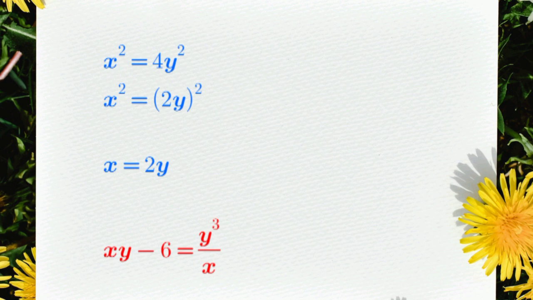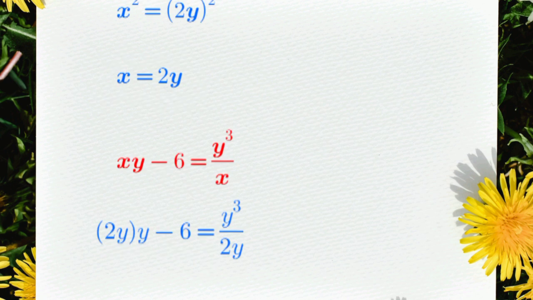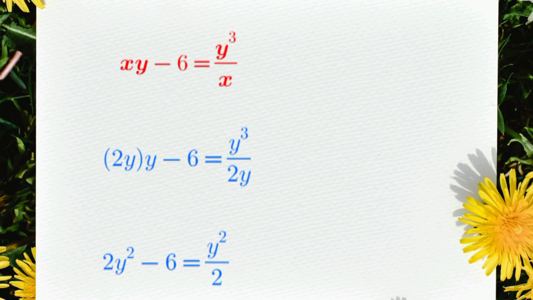So when we substitute that, we're left with 2y multiplied by y minus 6 is equal to y cubed all over 2y. Now on the right hand side, the y, that is 2y, y is going to cancel one of the y above and we're left with just y squared. So this is going to give us 2y squared minus 6 is equal to y squared all over 2.